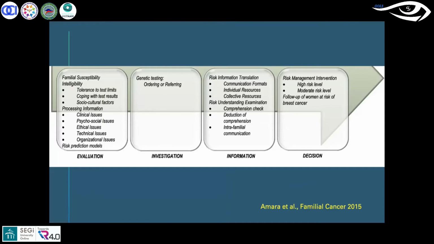Now, this is how the counseling process runs in a clinic. First of all, you evaluate, which is primarily done by the physician or the optometrist, and most of the time they come to a clinical diagnosis, unless it's a rare disorder. I have come across a couple of situations where we discovered an RP patient having mild deafness of Usher syndrome, or Bardet-Biedl syndrome, with the extra digit, and so on.